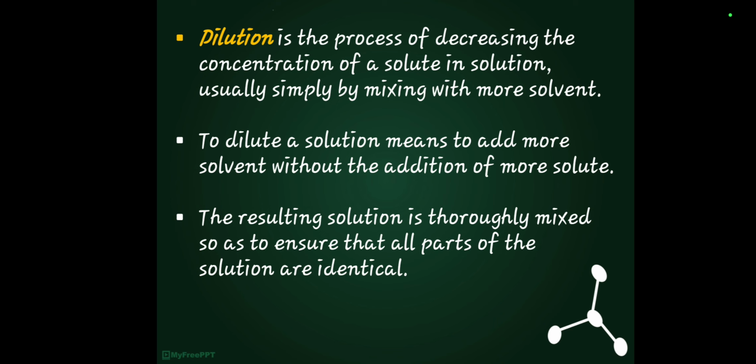So meaning to say, when there is a solution that is concentrated, to lessen the concentration of that solution, we will have a process called dilution. Okay? To dilute a solution means to add more solvent without the addition of more solute.